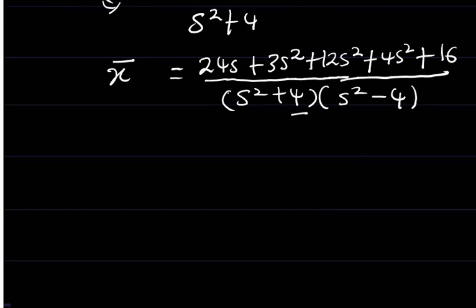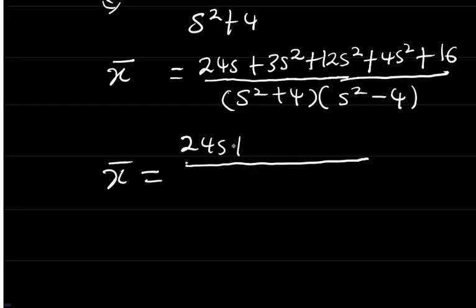So this is going to be x bar equal to, this is known as the difference of two squares. Invariably, the denominator is a difference of two squares. Let me collect like terms here.